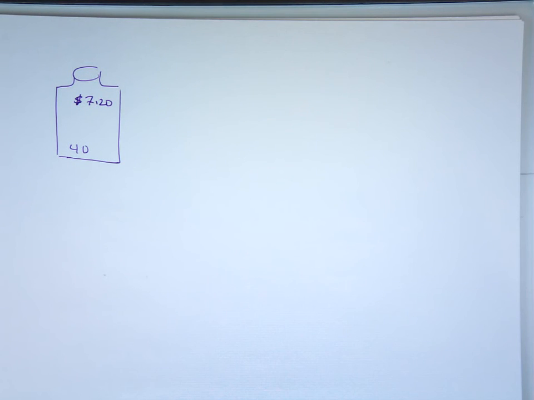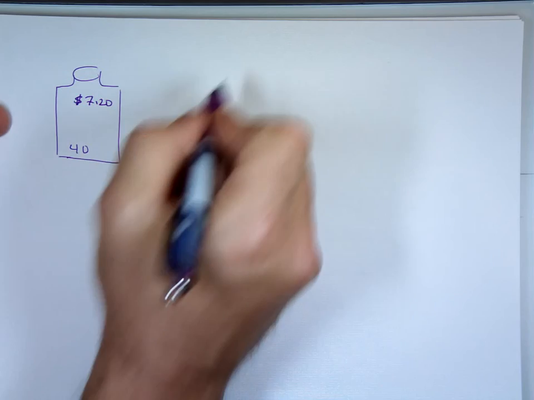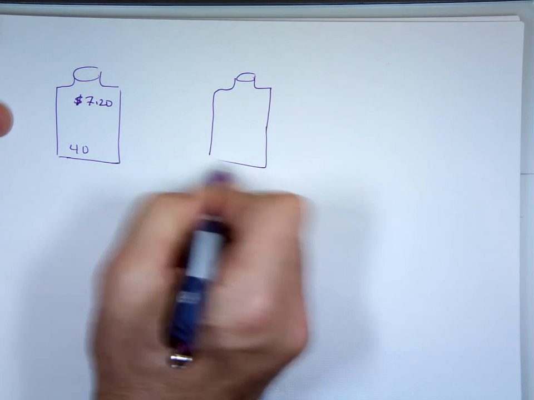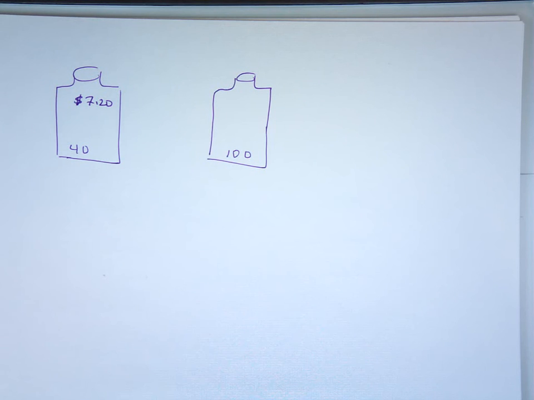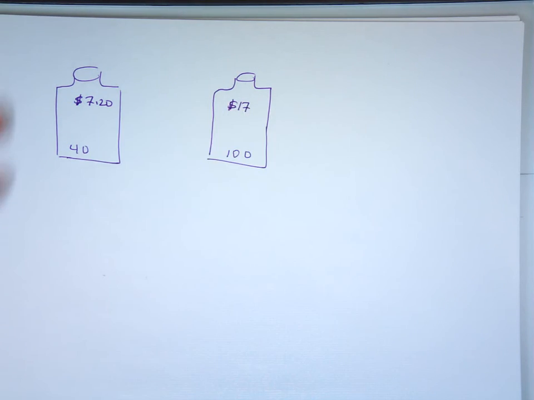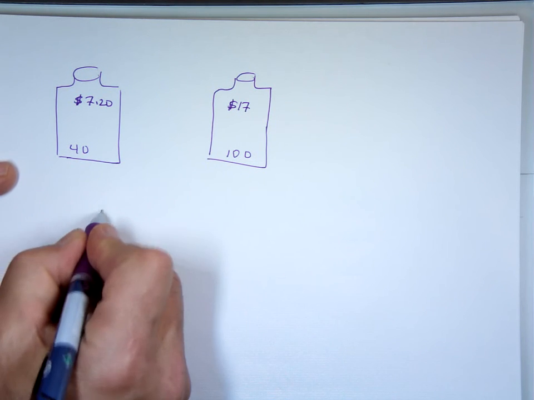The bigger one might have 100, and I have to take one every day, so I'm going to take them. And that's 17 bucks. Which one is a better buy? I'll divide them, unit pricing, per one pill.